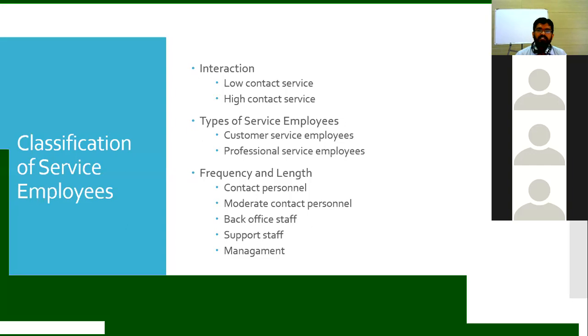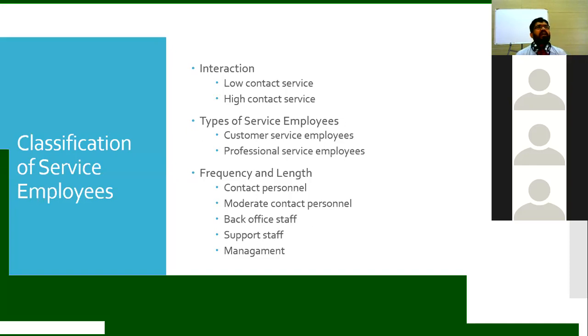Low contact services are where the contacts are very low. An example of low contact service might be a chef in a hospital or in a hotel, because he hardly comes into contact with the customers. So that comes under low contact service.